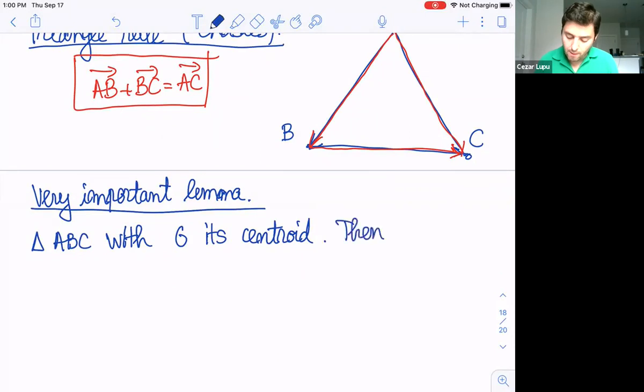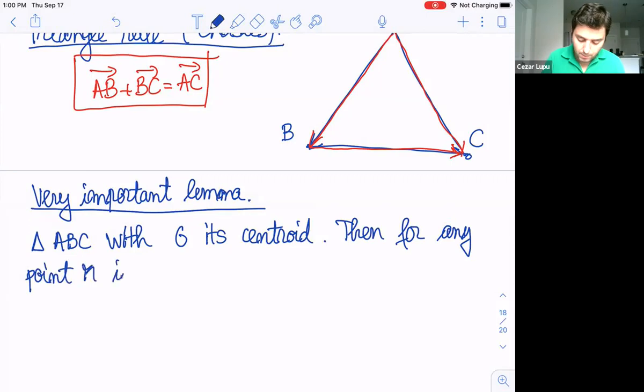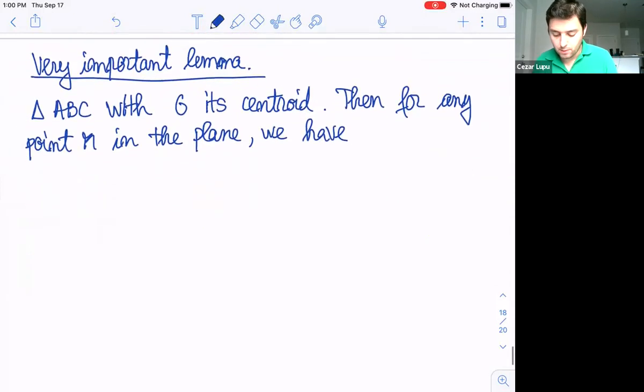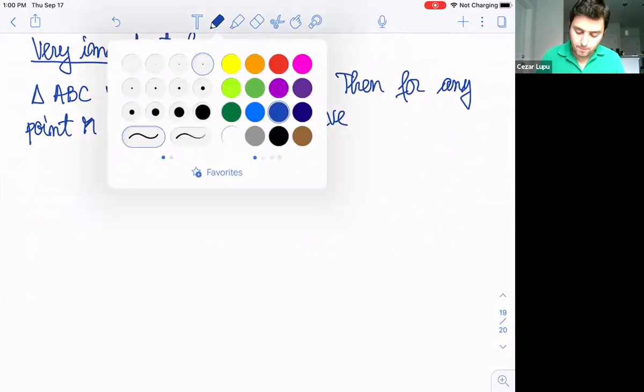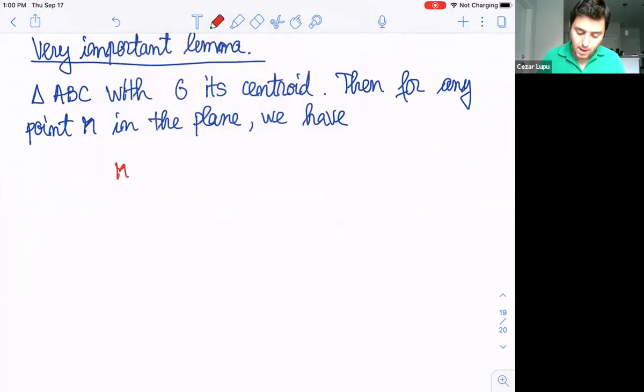Then for any point M in the plane, we have, and this is a very important relation, MA vector plus MB vector plus MC vector will always be 3 times MG vector.